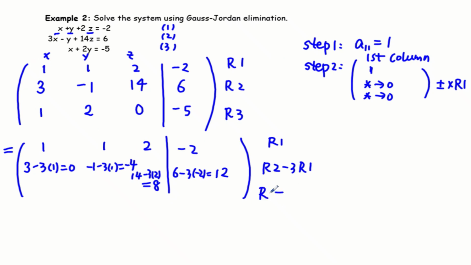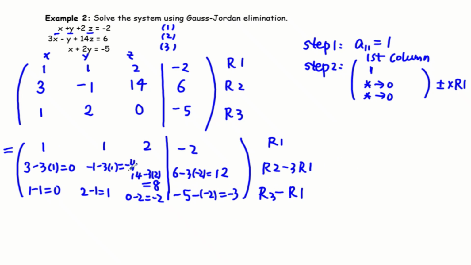So just R3 minus R1. It will give us 1 minus 1 gives us 0, 2 minus 1 gives us 1, 0 minus 2 gives us -2. You don't have to write this 0 minus 2. You just give me the final answer. It's okay. So -5 minus (-2) gives us -3.